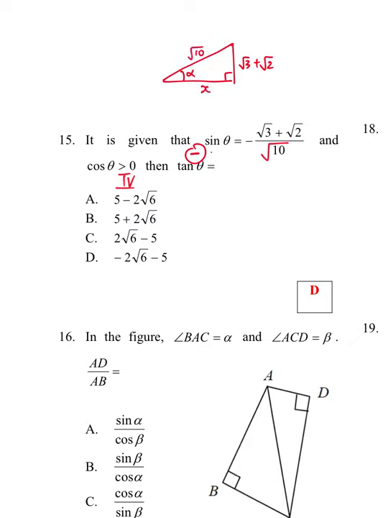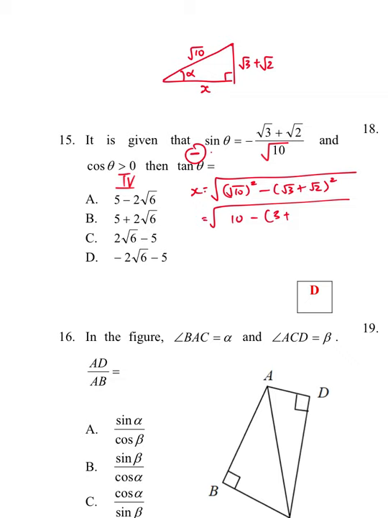So the x value will be calculated by the square root of square root 10 squared minus the other side squared. Okay, it involves relatively more tedious calculation, but you should finally obtain something like this. But this is not the end of the story, because you are trying to find tangent theta, but not just 5 minus 2 over 2 times square root of 6.